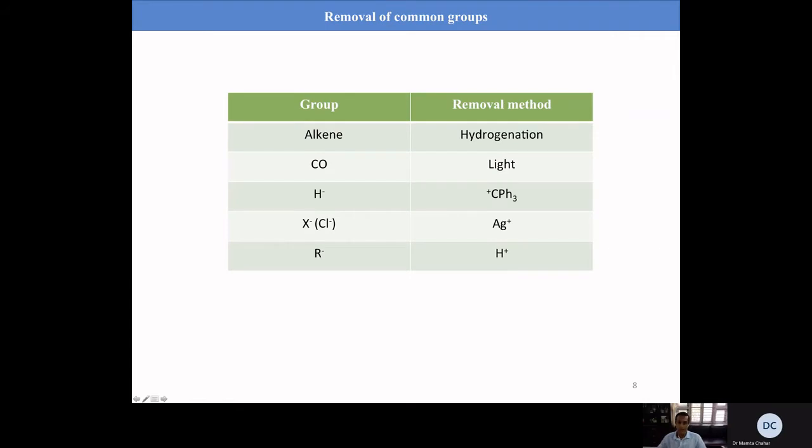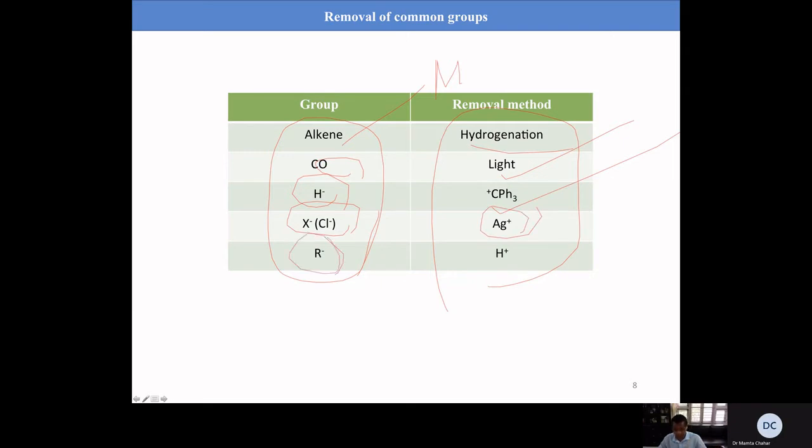Now, as I was discussing, there are different ways you can get rid of different groups, and these are the different means. If you have an alkene associated with the metal, you want to do hydrogenation. If you have CO, you want to use light. If you have a hydride, you want to use a bulky cation. If you have a halide you want to get rid of, you use silver nitrate or a silver salt.